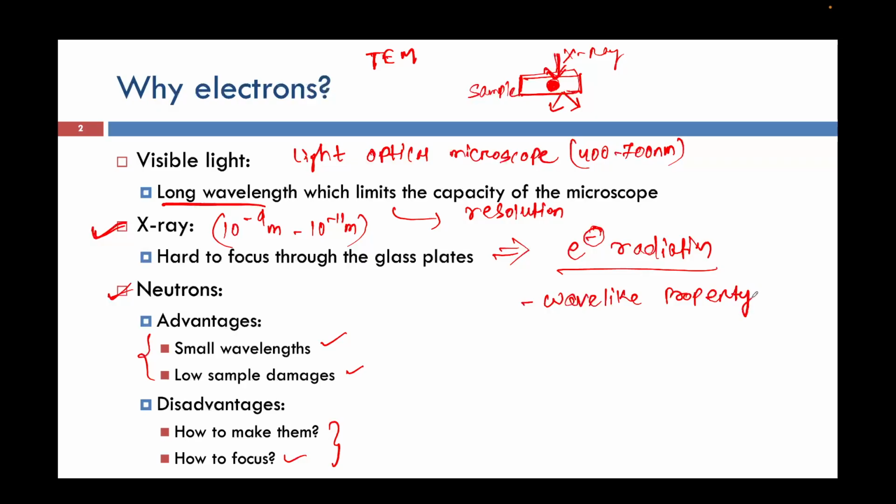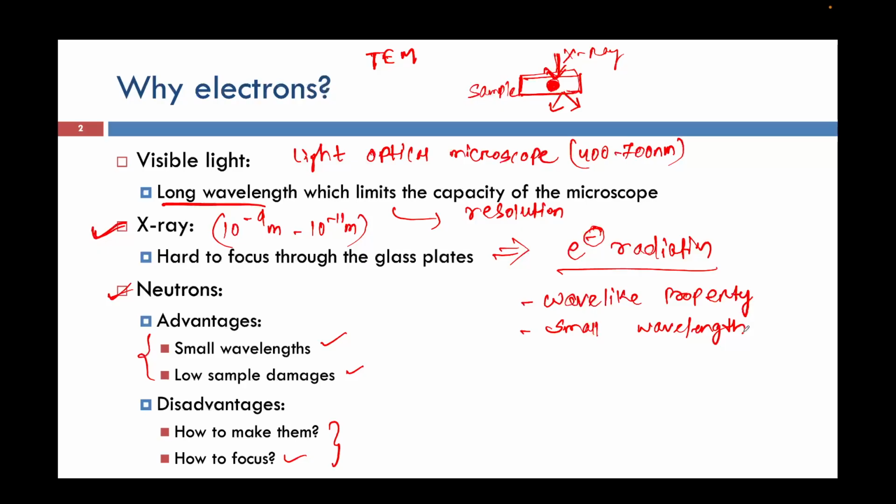Electrons can be considered as a particle, and also as a wave, and they offer the same advantage as neutrons. That means a small wavelength, and a small wavelength is good for us. Why? Because we will get a better resolution.